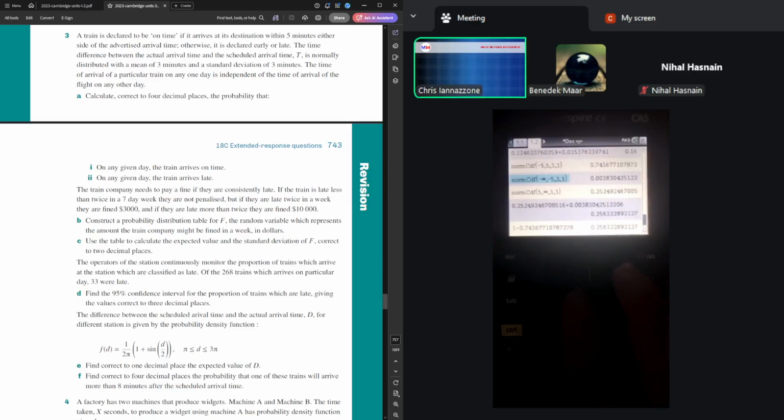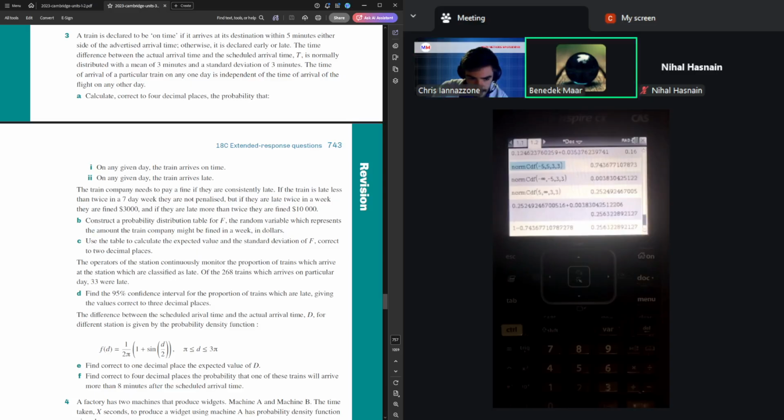Hang on, how do you... The first normal CDF we did was between plus minus 5. Was it not the mean +5 and the mean -5? No, because the thing on the x-axis is the difference of arrival time. Okay. Yeah, so a mean of 3 just means it's normally 3 minutes late. Oh, okay.